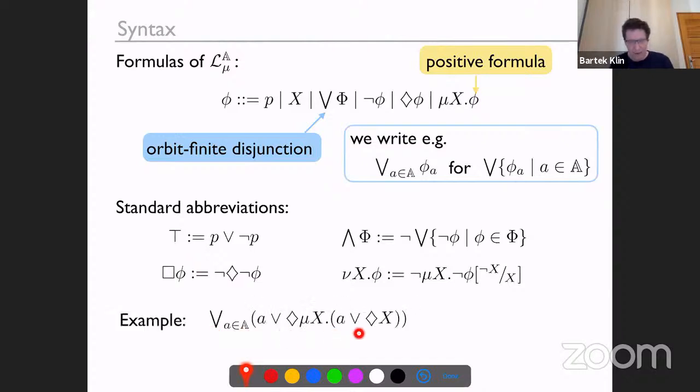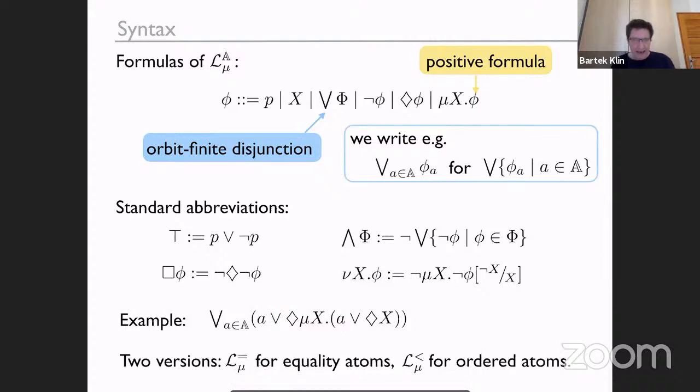And an example of a formula is now, with the same typo as before, the property that some atom holds now and in some future. Now, formally speaking, what I've done here is two versions of this calculus, because we have two atom structures that I speak about: the equality calculus and the ordered atoms calculus.